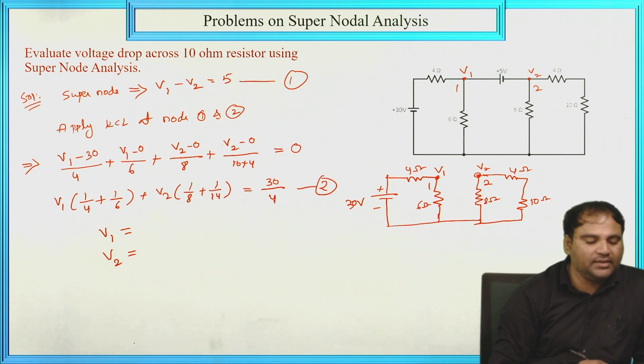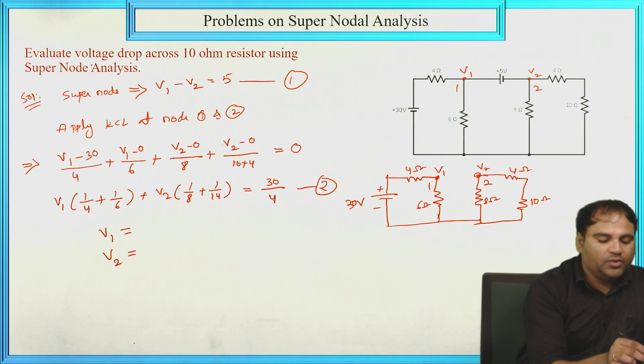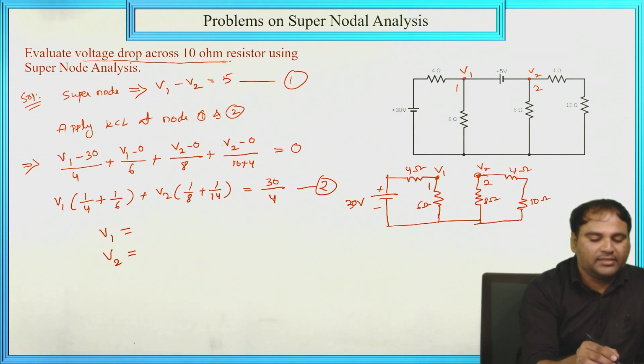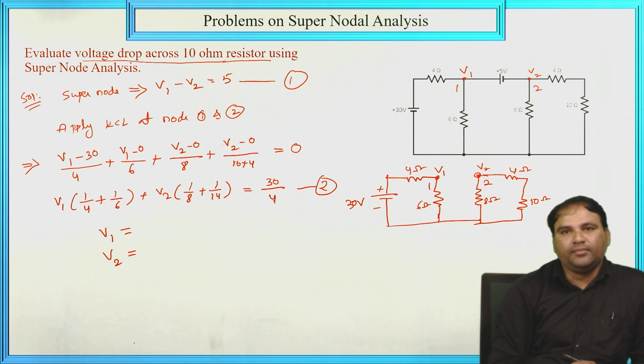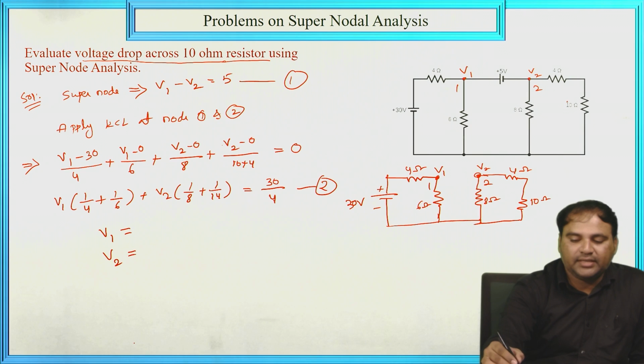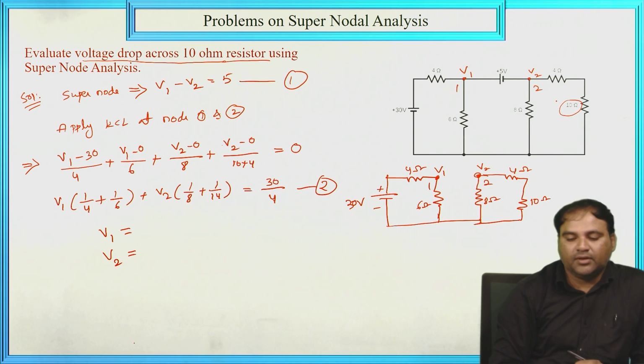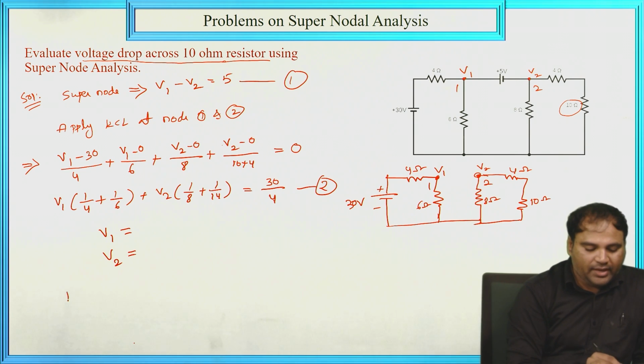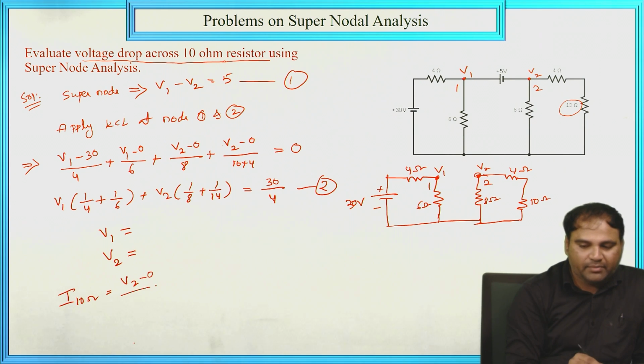But in that question, we need to evaluate the voltage drop across the 10 ohm resistor. To find the voltage drop, first we have to find the current value. Current through 10 ohm equals V2 minus 0 divided by 4 plus 10.